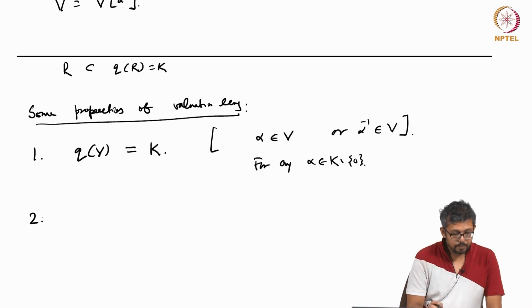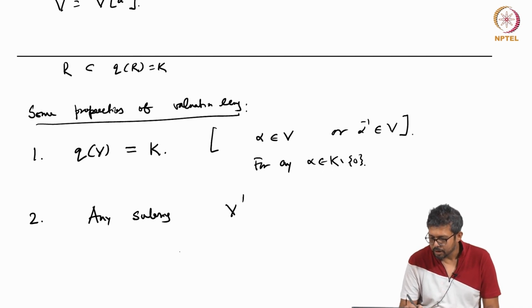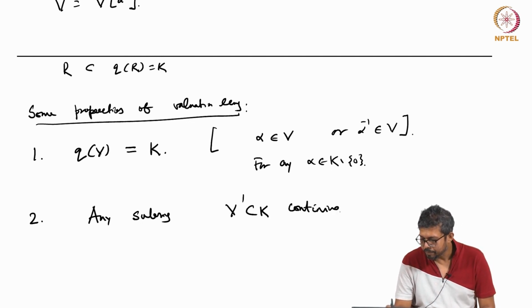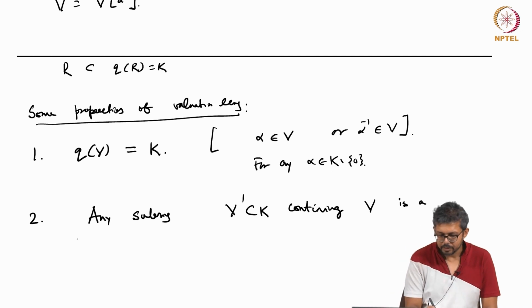Second property, again this is because of the same property, any subring V prime containing V, suppose V is a valuation ring, is a valuation ring.